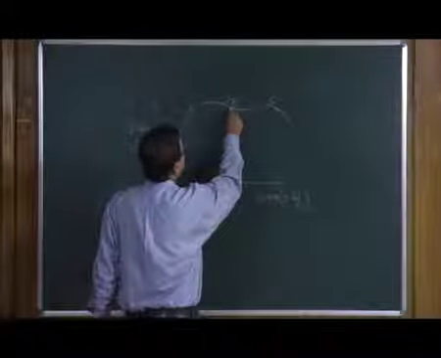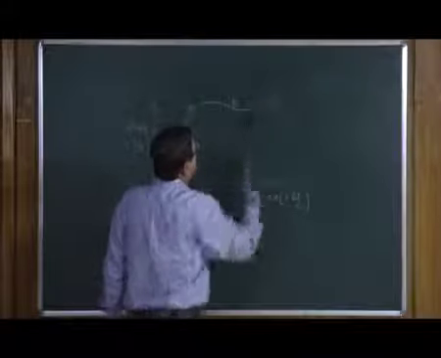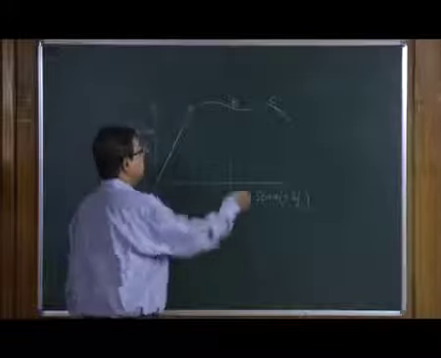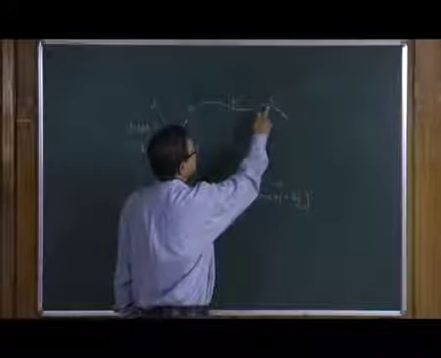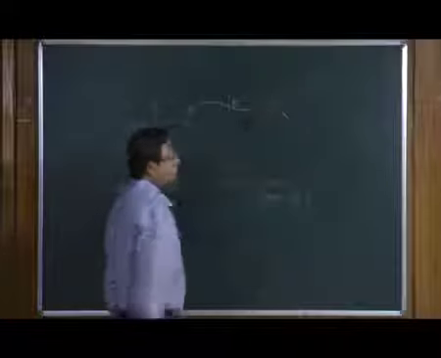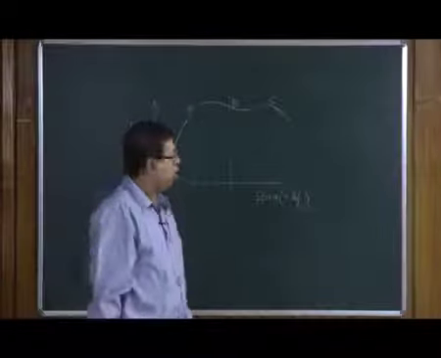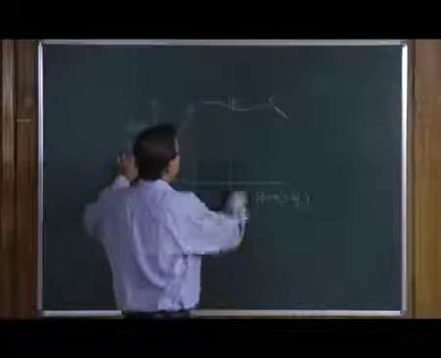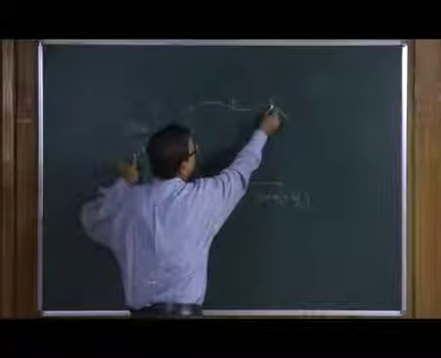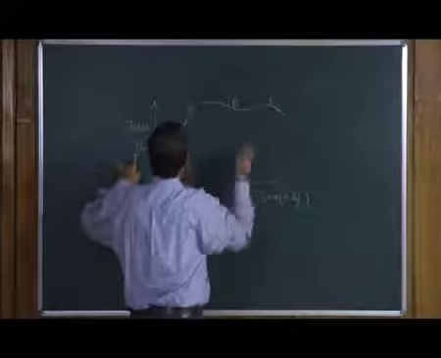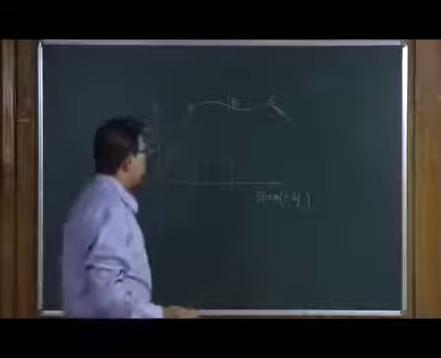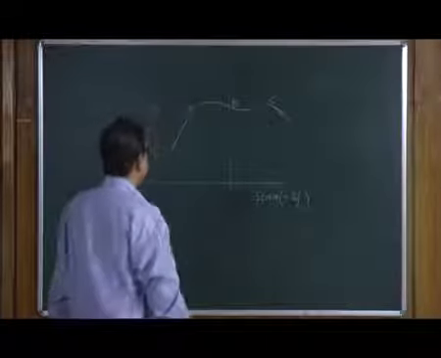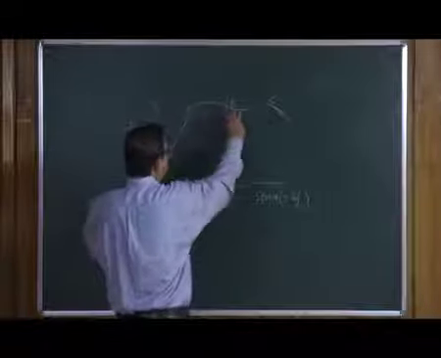So this region from B to C is quite interesting, in the sense that there is a non-monotonicity at this point C. What I mean by non-monotonicity is the following: in this region, even though the stress is decreasing, the strain is increasing, which has not been the case so far.